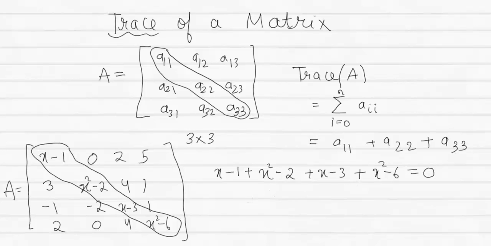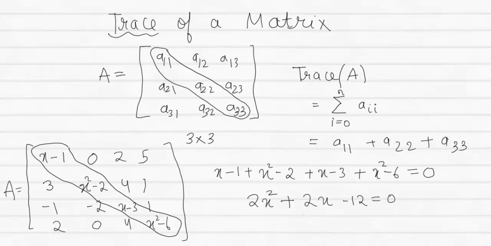This is going to be equal to 2x square, and let's group all the x's together. So it's going to be 2x, and then let's group all the constants together. So it's going to be -1, -2, -3 and -6, which gives -12, so -12 is equal to 0.